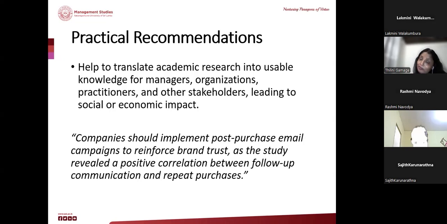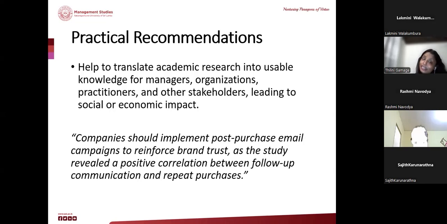They offer practical guidelines. This is what the companies or the practitioners should do. But they have clearly linked it to the study findings. So that matters a lot. A person who reads this understands, okay, look, this research is offering practical insights for the industry practitioners, very good.